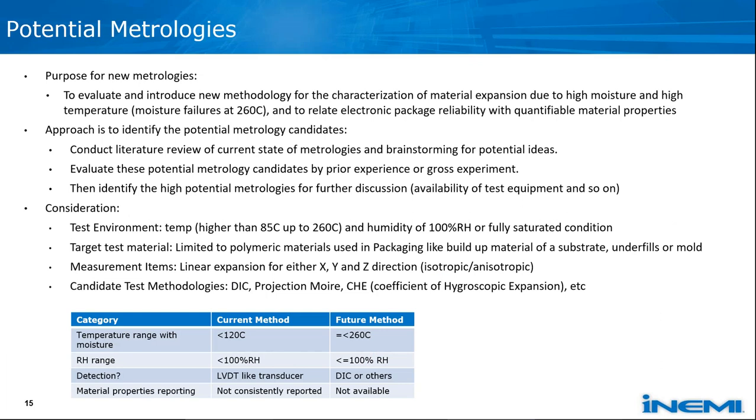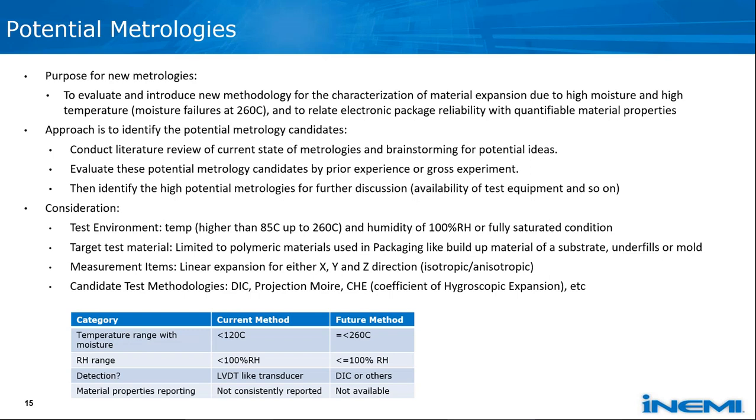So this page gives a bit more detail on the phase one approach to identify a potential metrology. The plan is to conduct an extensive literature review to see what the current state of the art metrologies are and then brainstorm for potential new ideas. This will be followed by the evaluation of these new ideas through discussion, experimentation, or even just discussing engineering judgment ideas to identify a suitable metrology.